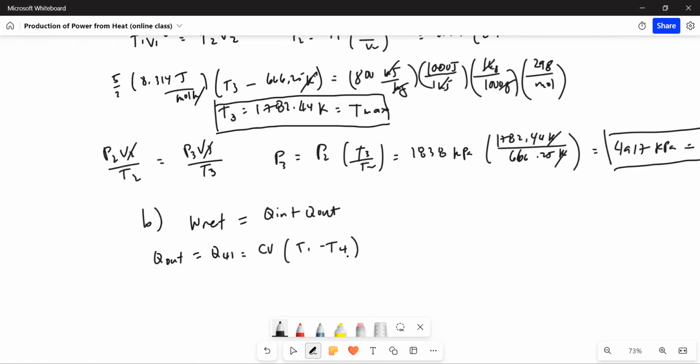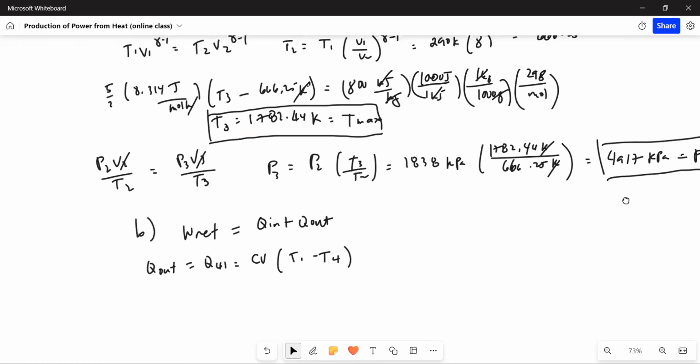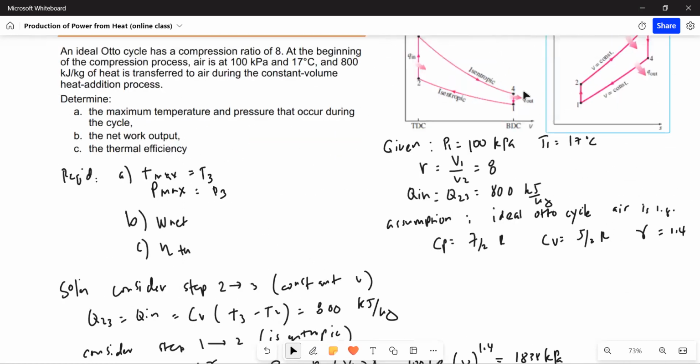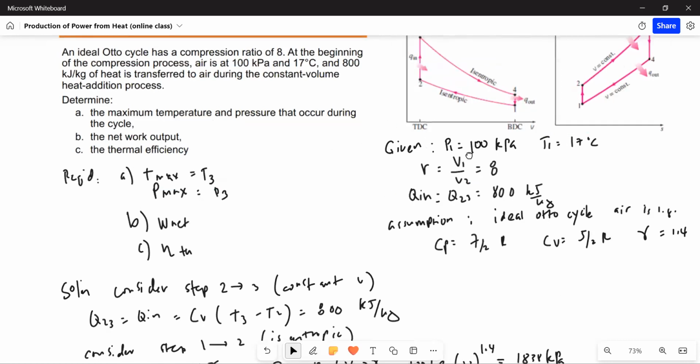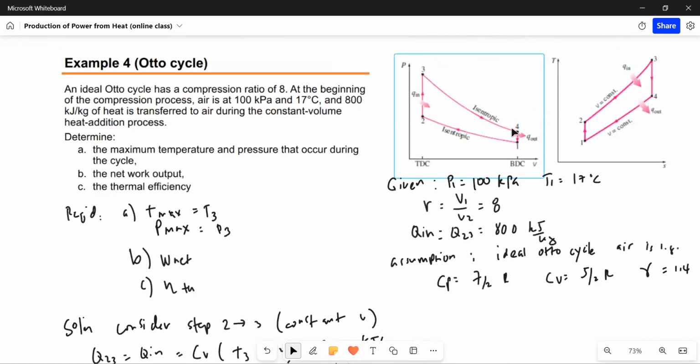Do we have all of the values here? We have CV and we have T1. We don't know T4. How can we know T4? We can utilize step 3 to 4 because we know already T3 and P3.